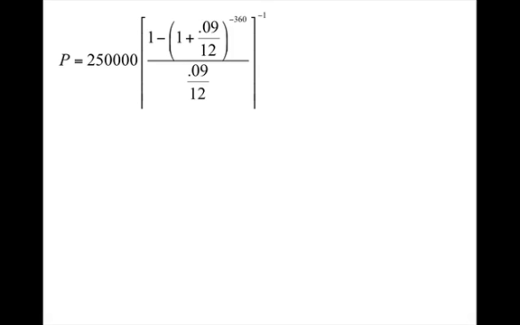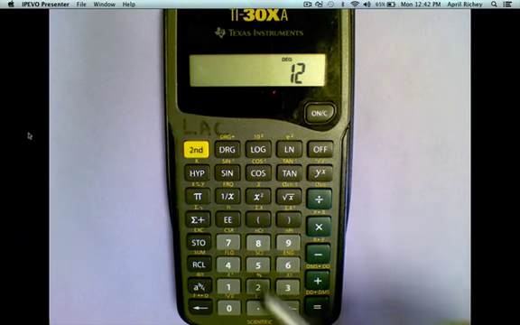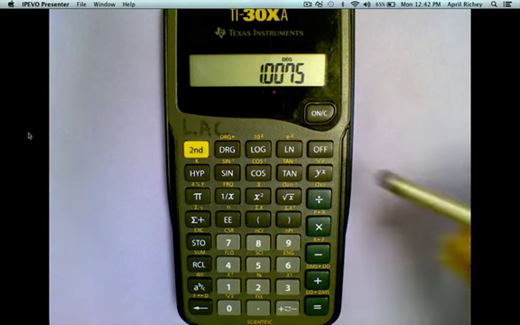So let's look at this on our calculator. If we begin with the inside parenthesis, I have 1 plus 0.09 divided by 12. So 1 plus 0.09 divided by 12 and hit equals. And this gives me 1.0075.